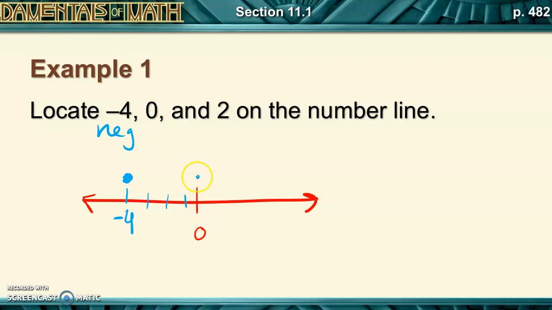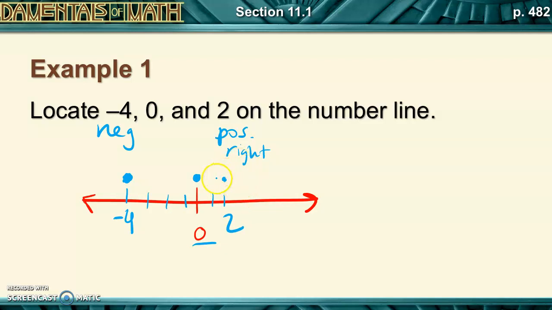It's actually the first thing we're always going to put on a number line. So this is going to be 0. And 2 is positive. So that means we're going to go to the right twice. 1, 2. And this would be 2.